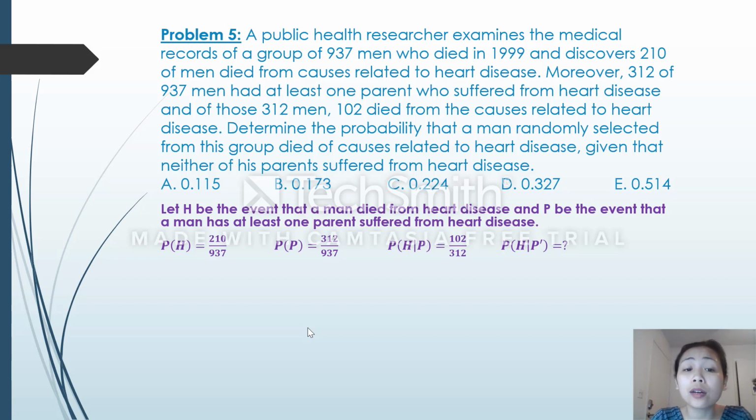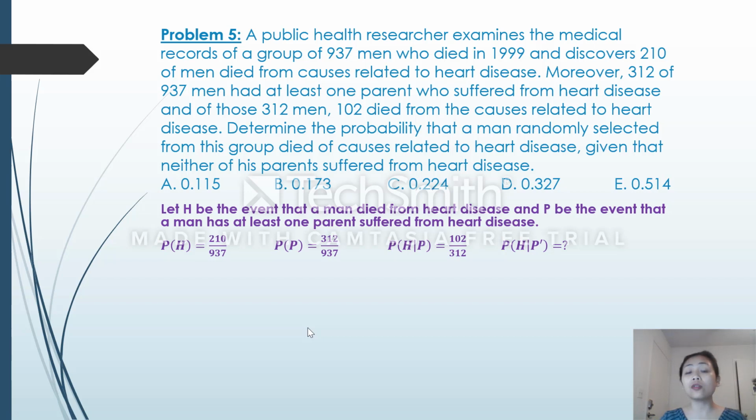Now the question asks us to determine the probability that a man randomly selected from this group died of causes related to heart disease, given that neither of his parents suffered from heart disease. So that is the probability of X given P prime, because X means died from heart disease and P prime means doesn't have any parents who suffered from heart disease.